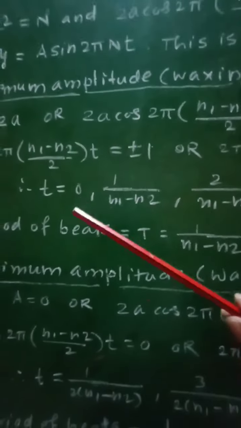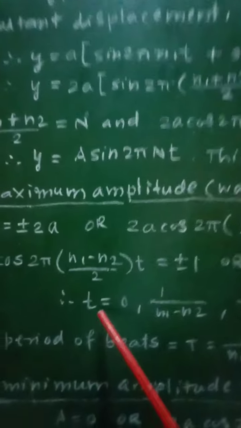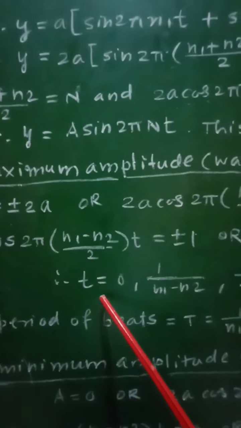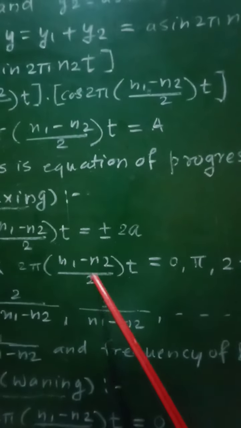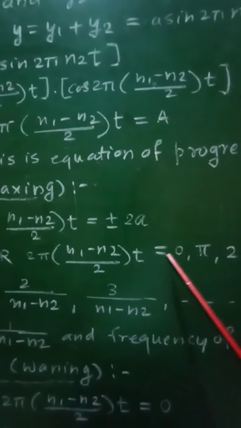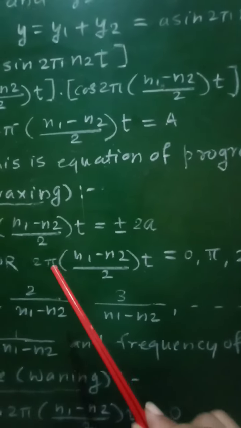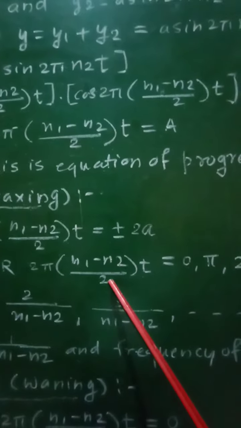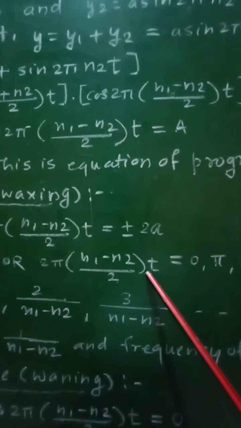From this we can write t equal to 0, because the first angle is 0. If we put t equal to 0, the total term becomes 0. Now the second angle is pi, so here there is pi, these two get cancelled and only (n1 minus n2) into t will be left.